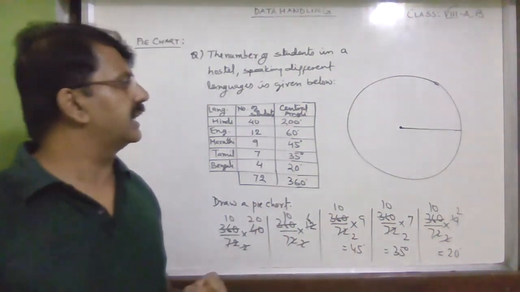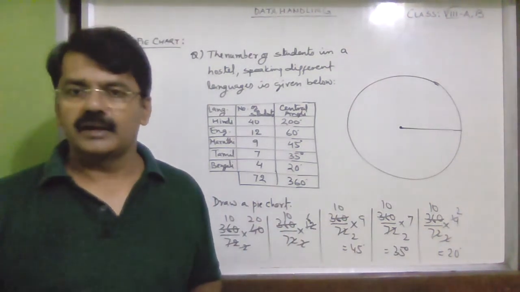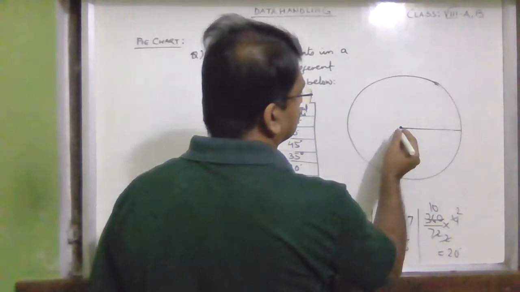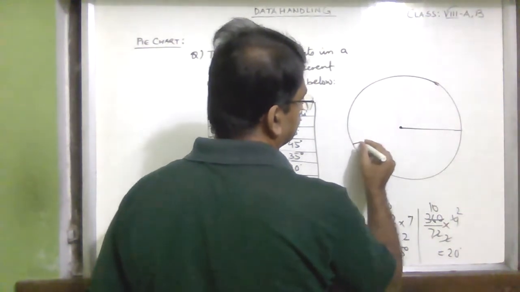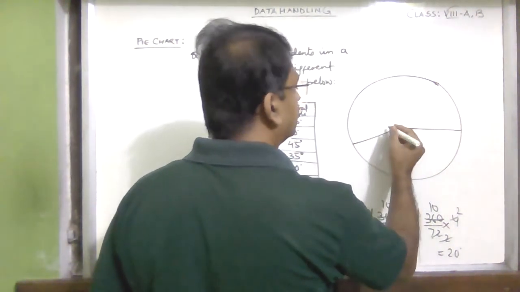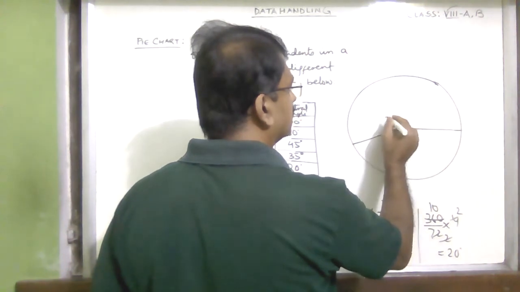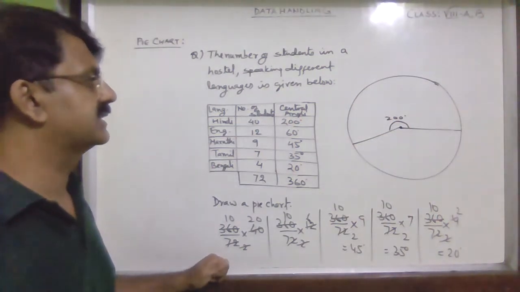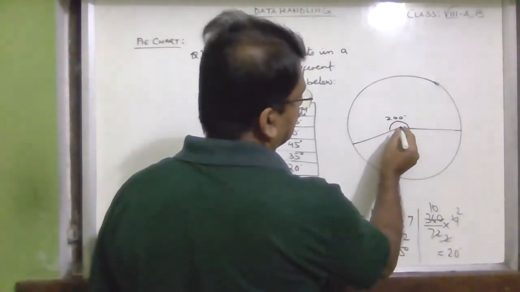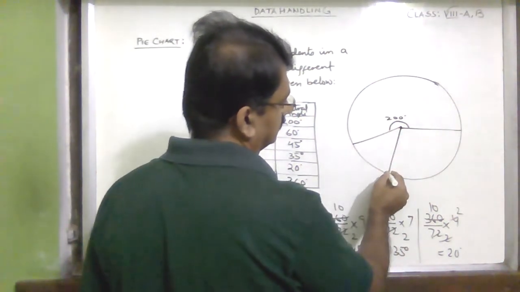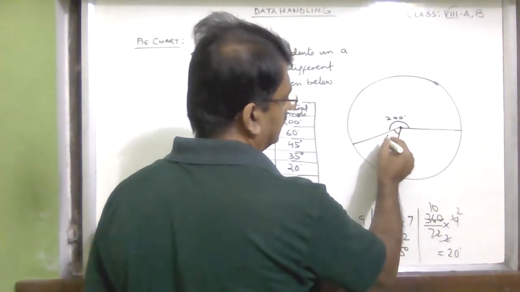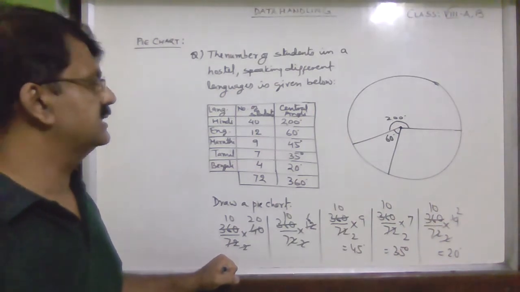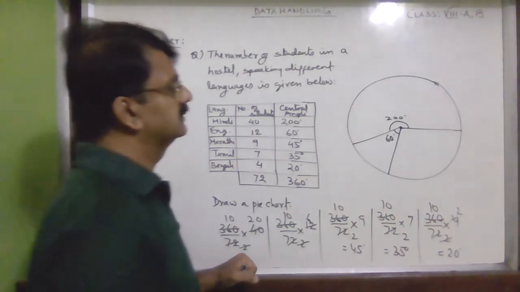Now the first angle that you have to make is 200. So this angle will be 200. The next angle is 60, means this is 60 degrees. The next angle is 45.